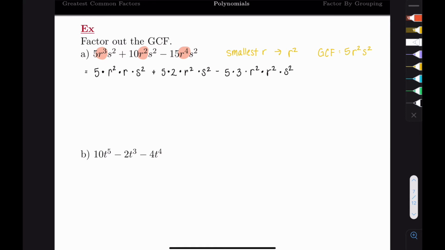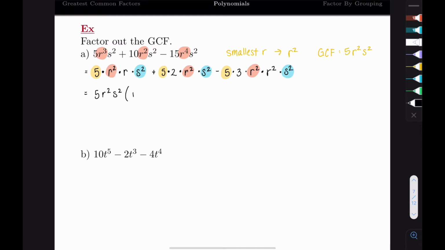Okay. So we can go ahead and take out the r squared from all 3 terms. We can take out the 5 from all 3 terms. And then last but not least, we can take out the s squared from every single term. And so if we take these 3 things out, we need to see what are we left with.